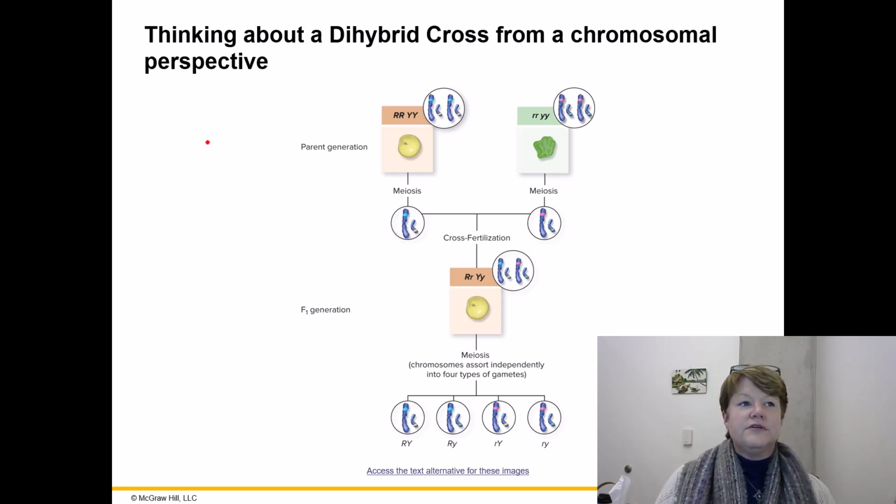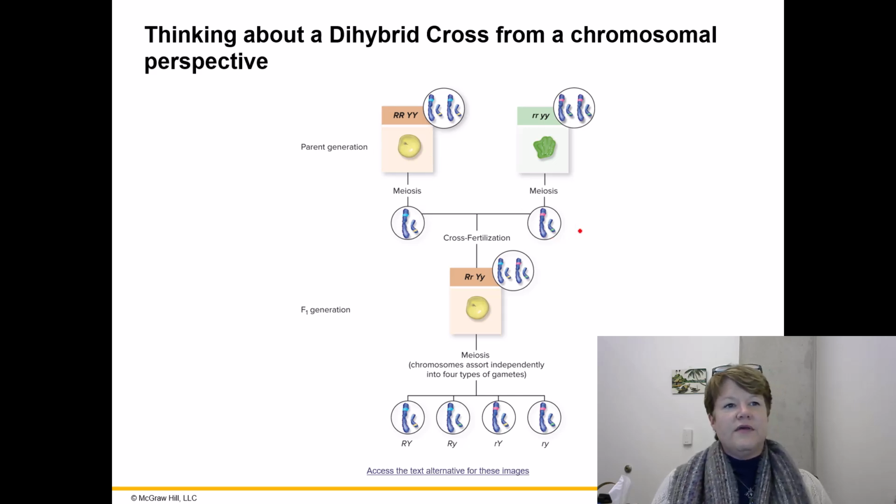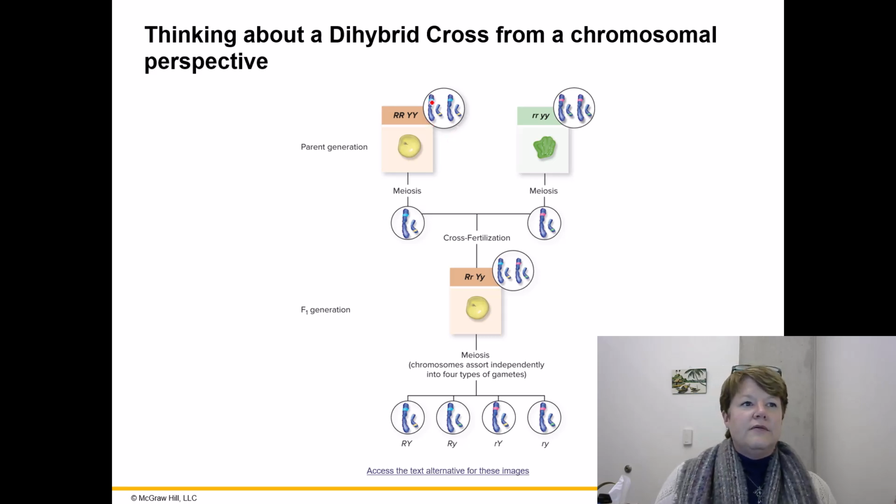So this is your textbook, says thinking about a dihybrid cross from a chromosomal perspective. I'm really happy they created this concept. I've been doing a lecture like this for a while. And so they're actually showing these alleles. The big R's are these blue alleles on the long pair of chromosomes. They're showing monads. And the big Y is on this short pair of chromosomes.